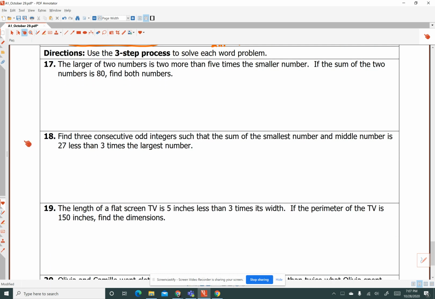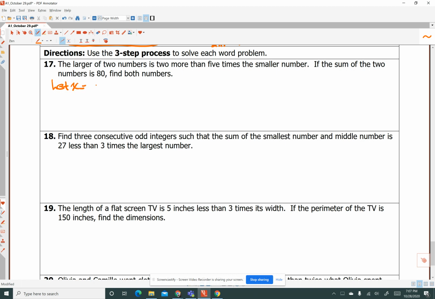So, first word problem, the larger of two numbers is 2 more than 5 times the smaller number. If the sum of the two numbers is 80, find both numbers. Okay, so we need to make an X box first.